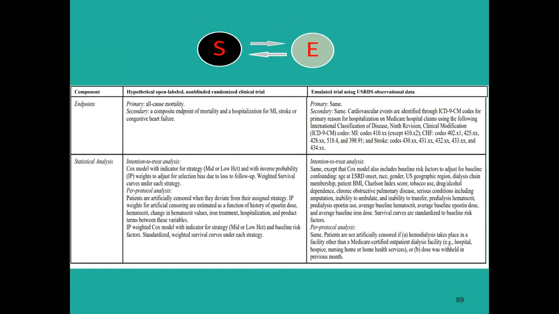Okay, so this table shows the study endpoints. Again, in the left column, we show the endpoint that we want to examine in the target trial, and in the right column we describe exactly how we define those outcome variables using USRDS data.